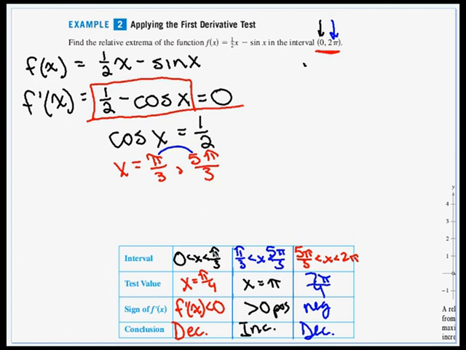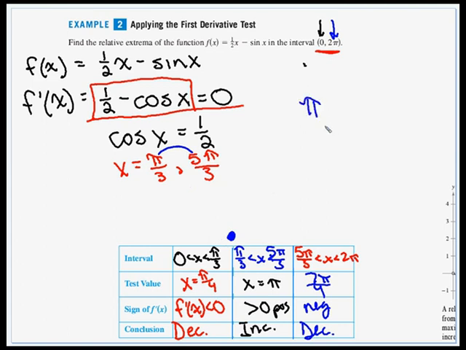So let's look here at the table, in between our intervals, right here at 1/3 pi. That was one of our critical numbers. Our function is going from decreasing to increasing. On the left of that critical number it's decreasing, and then we hit the critical number, then we're increasing. So we know that pi over 3 is going to be a minimum value, the bottom of a valley.